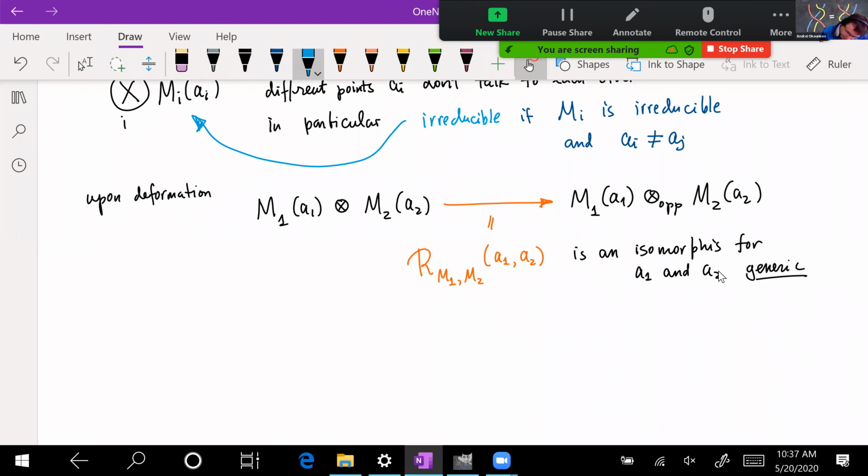Generic means some isomorphism away from finitely many points, and this is a rational function matrix, a rational function of a1, a2 with non-zero determinant.